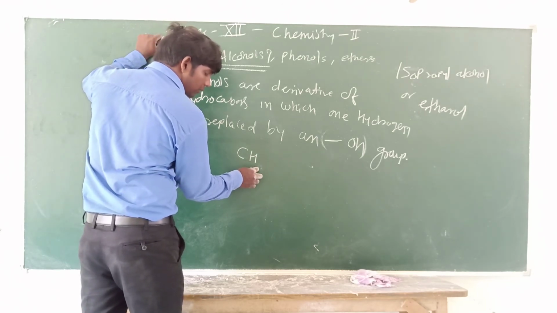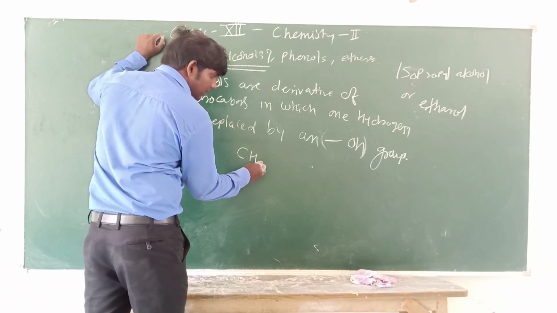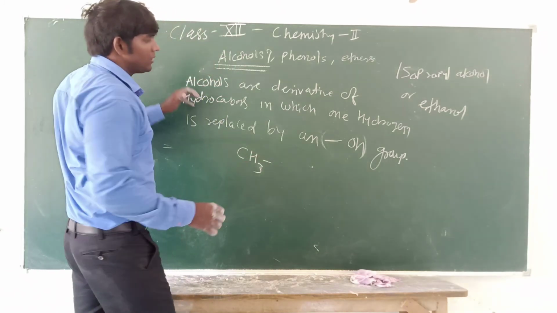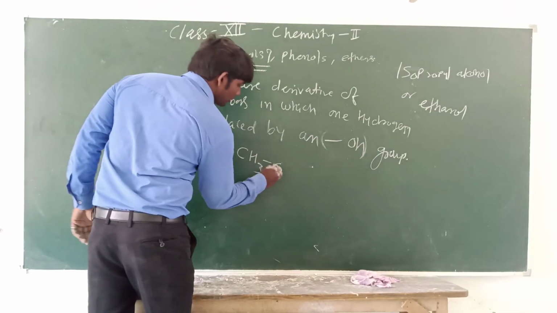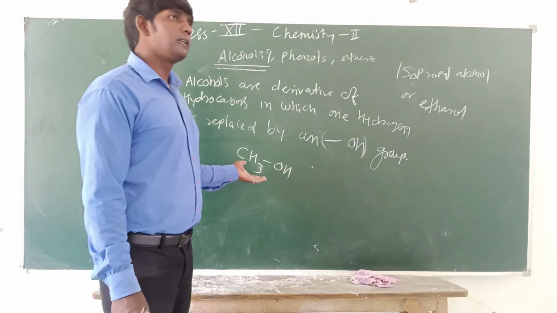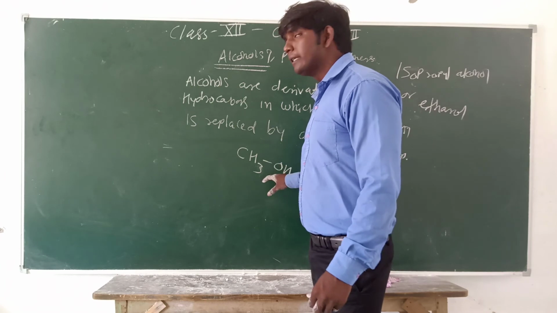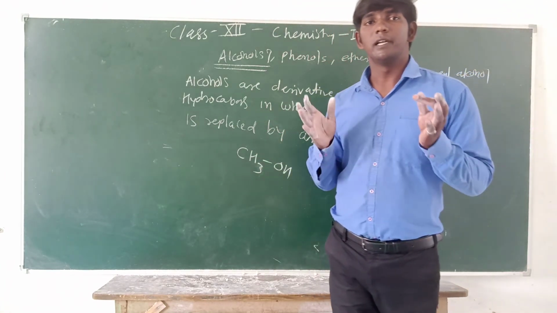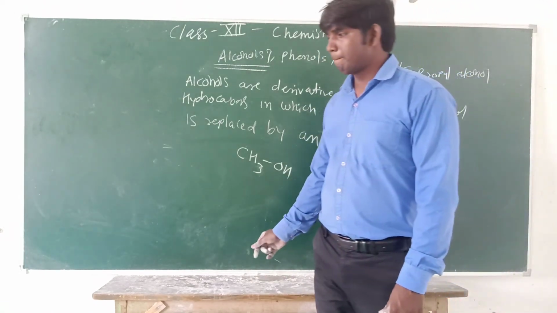Previously there were 4 hydrogens, now after replacing one, 3 are left behind and one hydrogen is replaced by a hydroxyl group, that is an OH group, and now you can see the formation of alcohol. This is the simple definition of alcohol, and alcohols contain the functional group hydroxyl, okay?